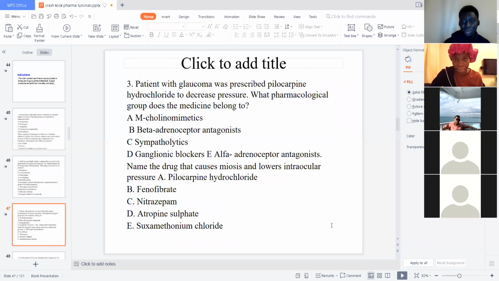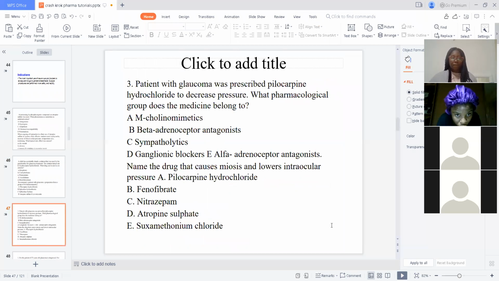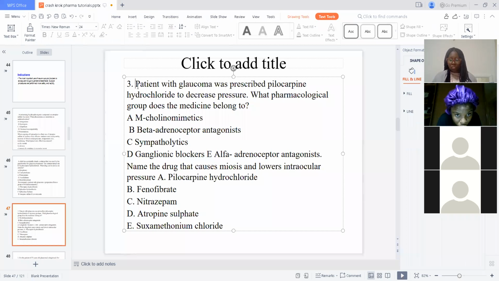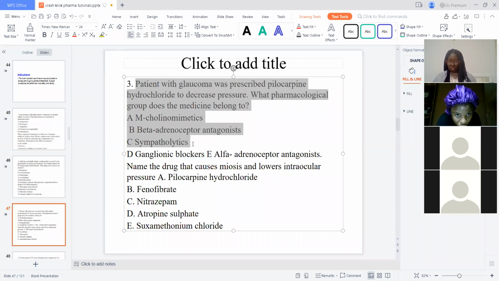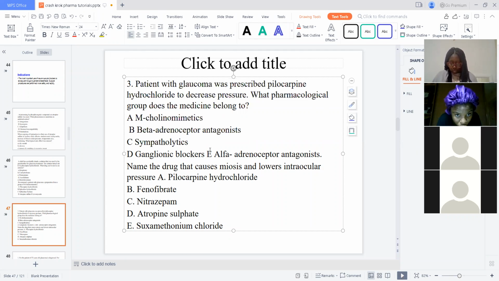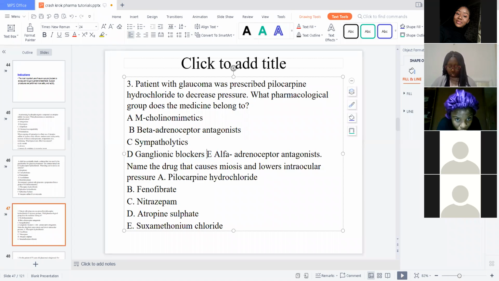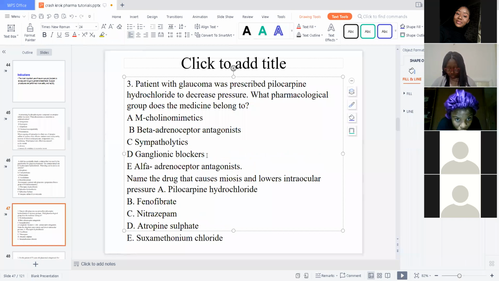Next question is for Beauty. Patient with glaucoma was prescribed pilocarpine hydrochloride to decrease pressure. What pharmacological group does this medicine belong to? A, M-cholinomimetic. Yes, that's correct.